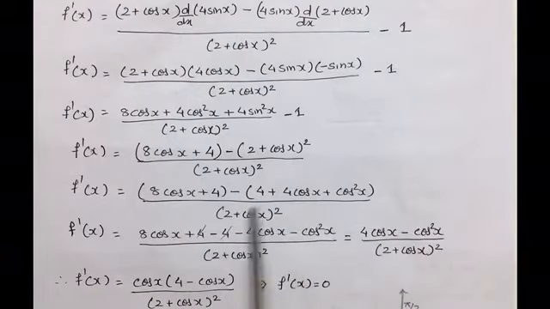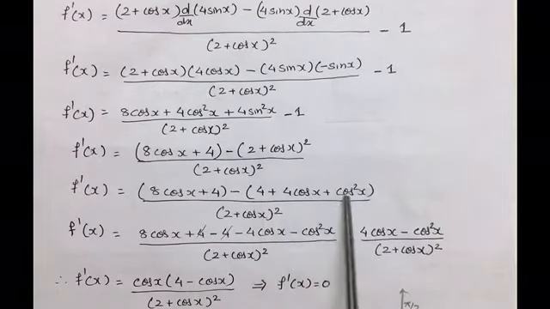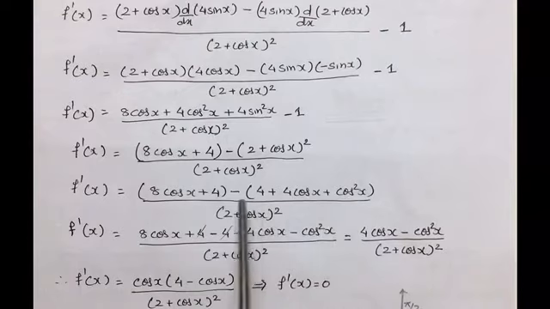Opening the brackets, f'(x) will be equal to 8 cos x + 4 from the first bracket, and in the second bracket the sign will change as the minus sign is out.